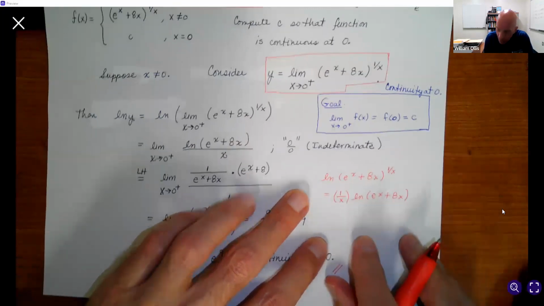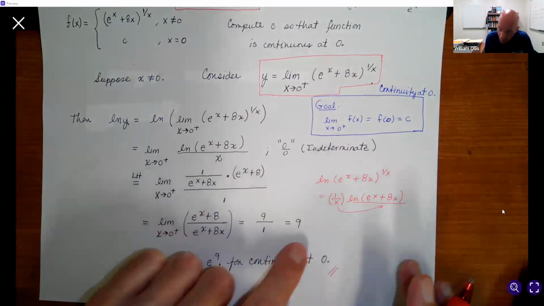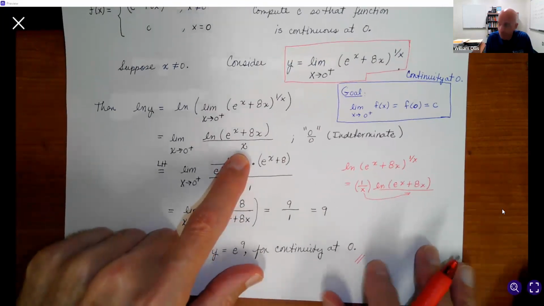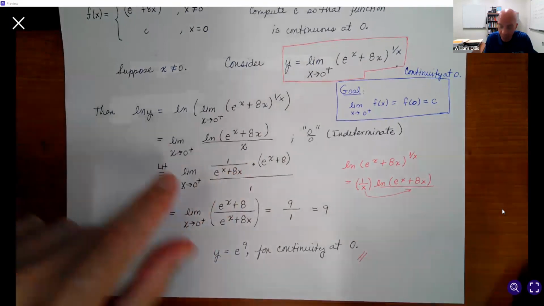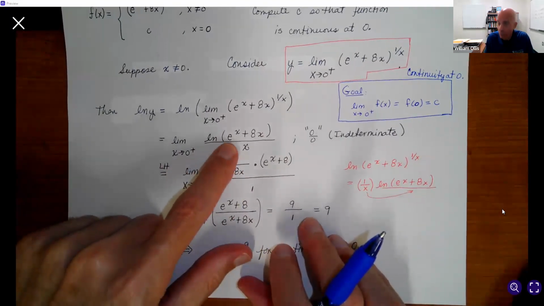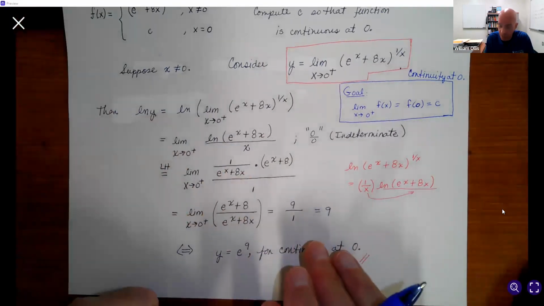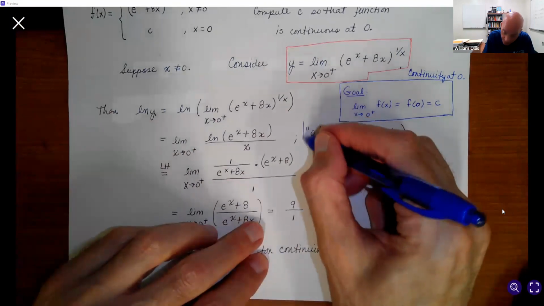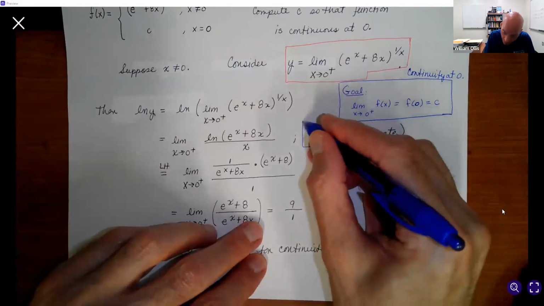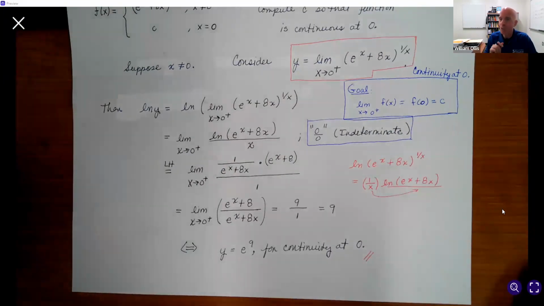And then, of course, we can just move the x here into the denominator to write that. But now when you allow x to approach 0 from the right, we have the log of 1, which is 0, and x is approaching 0. So we definitely have the indeterminate form 0 over 0.